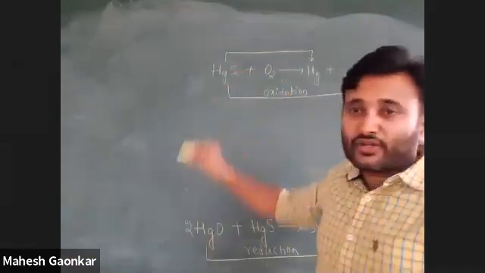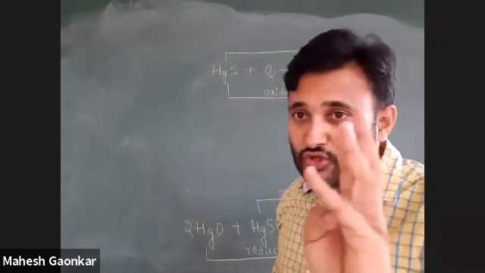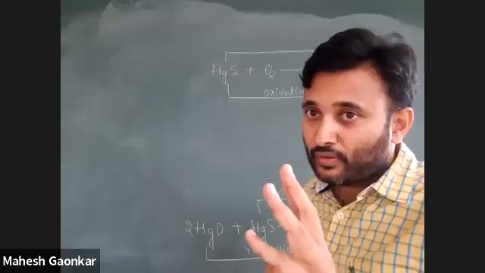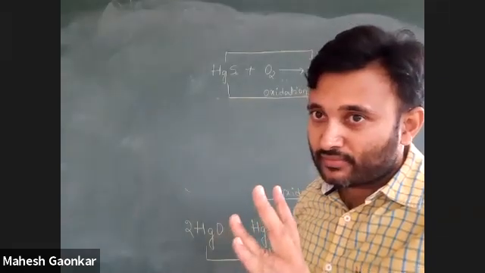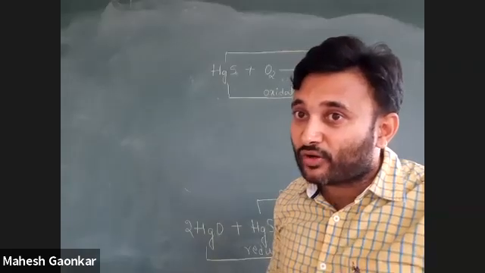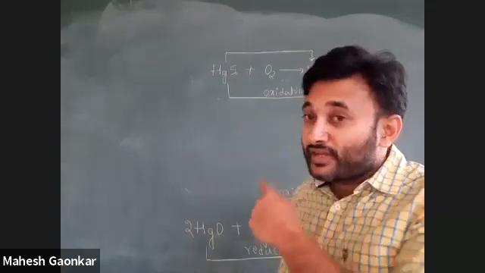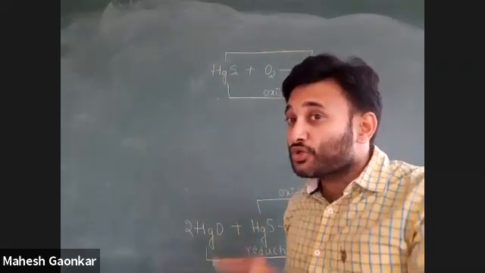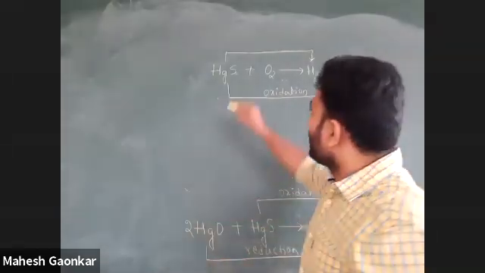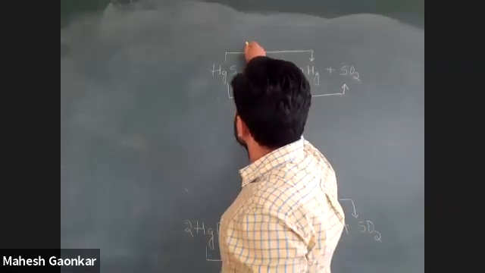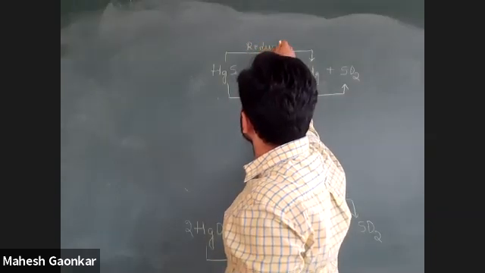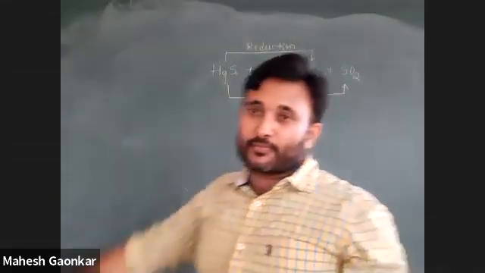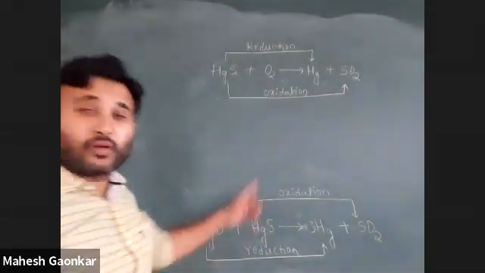Whereas in oxidation, either there is addition of oxygen, or removal of hydrogen, or loss of electrons. So this will be in terms of loss of electrons, so this is undergoing reduction.